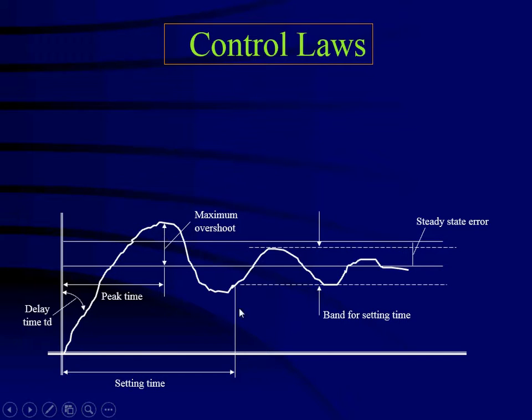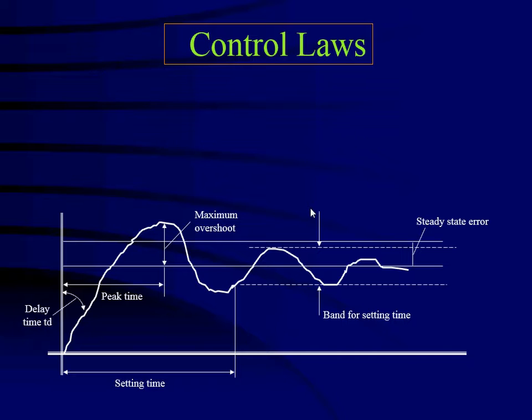Well, that is where the different kinds of controls come into the picture. So we would like to minimize the steady state error. We want to minimize the settling time, and to achieve other transient specifications such as minimizing the overshoot. Do you see what I mean here?